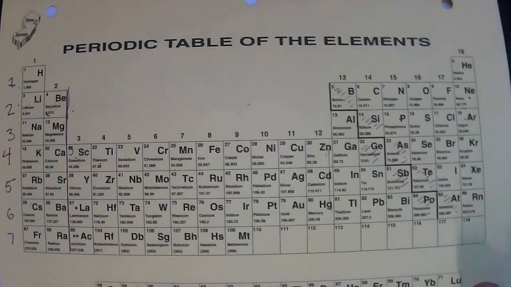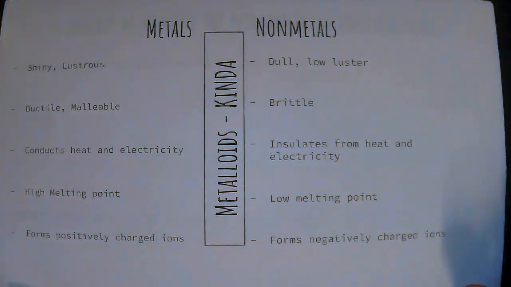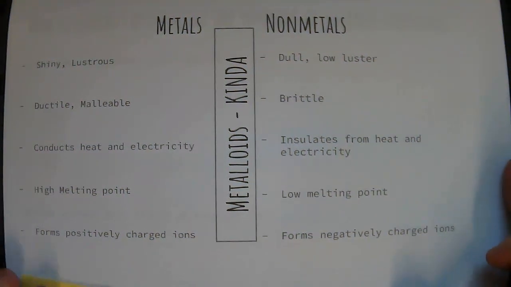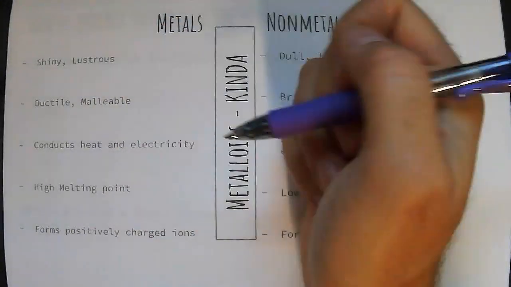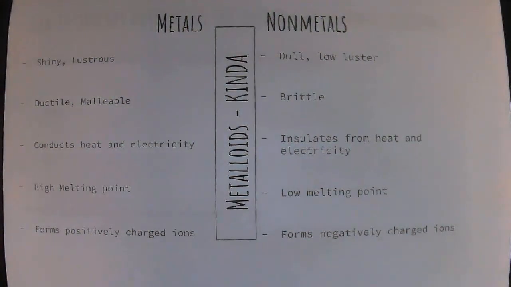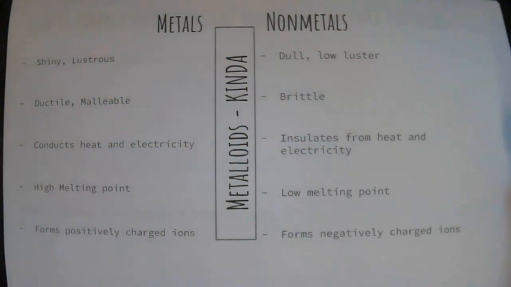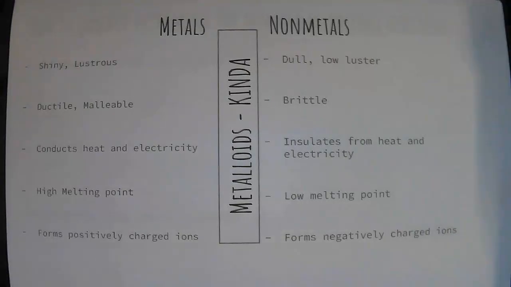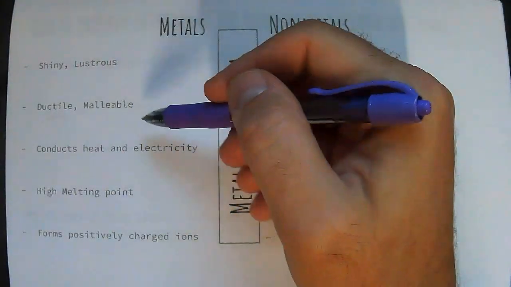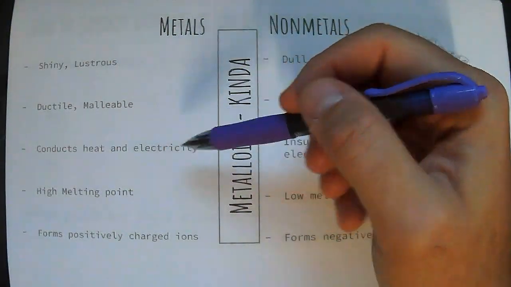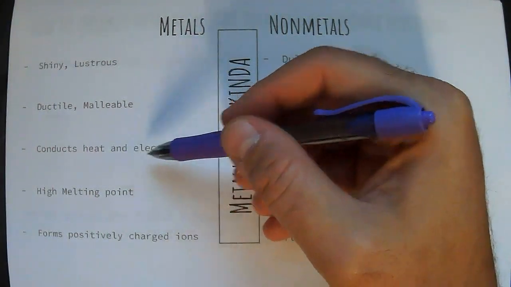So what makes these things different? Well, here we go. Metals are shiny and ductile, and you guys can pause the video and write this down, or you can go find the slide in Google Classroom. Metals conduct heat and electricity.